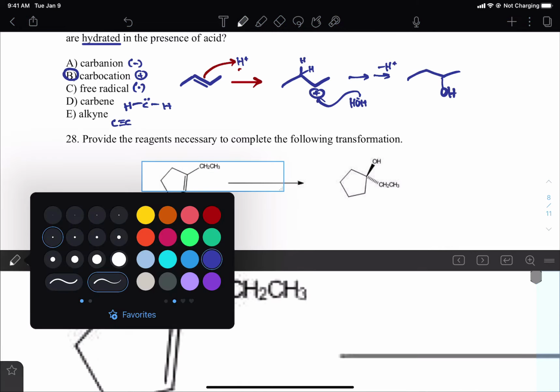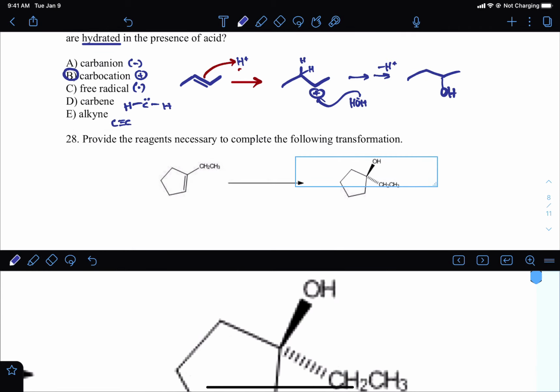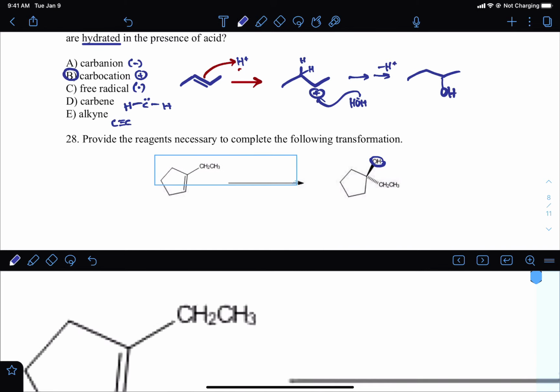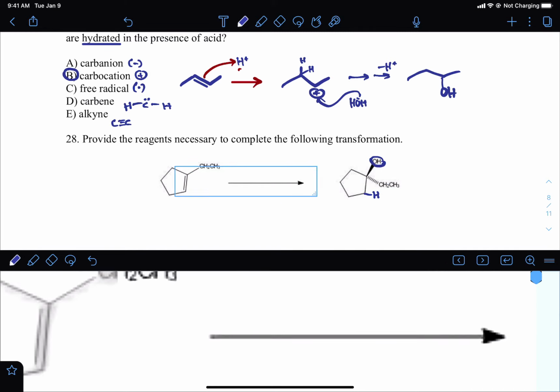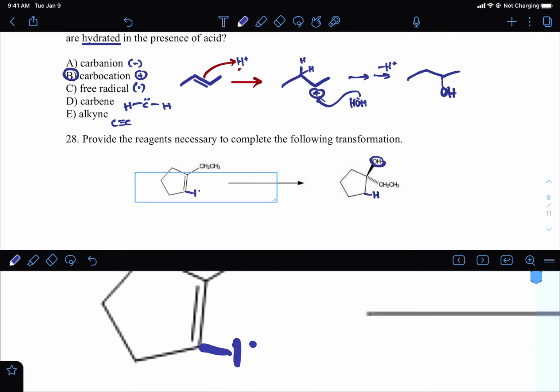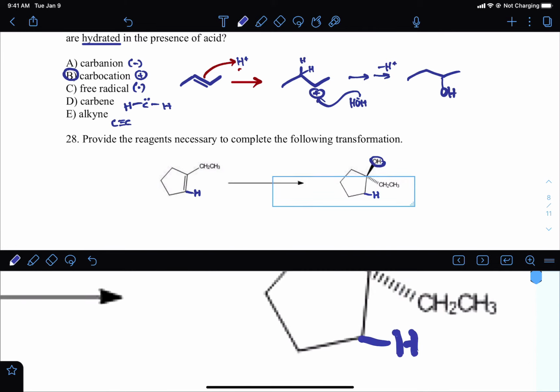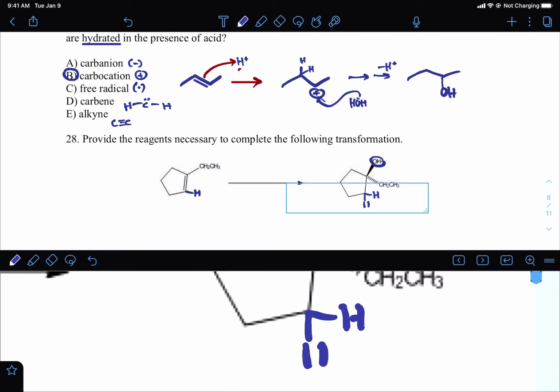That's fairly obvious. But we're also adding an H. There's one H here. Read your structure carefully. There's one H there. There's two H's here.